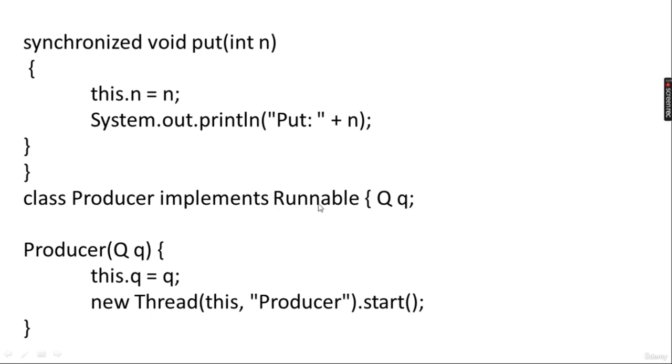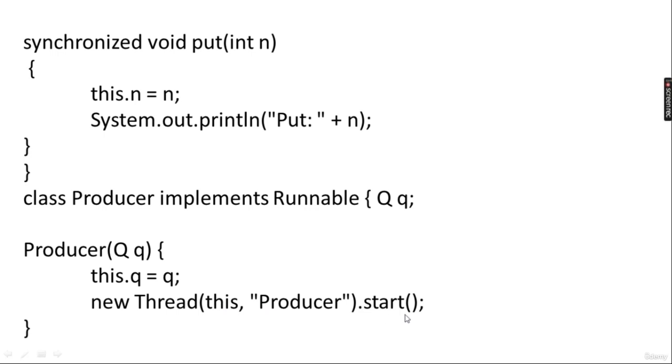Class Producer implements Runnable. So Producer will implement the Runnable interface. One queue is created and passed to Producer, and this.queue is initialized to queue.